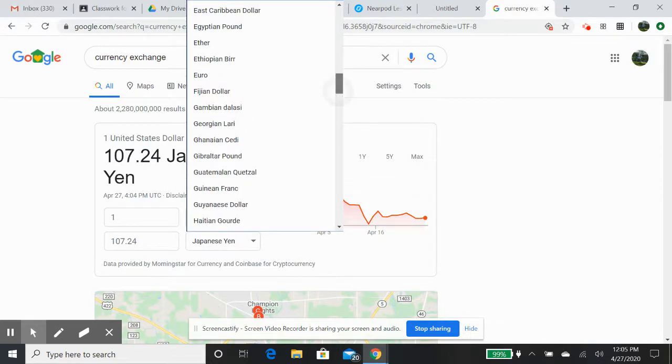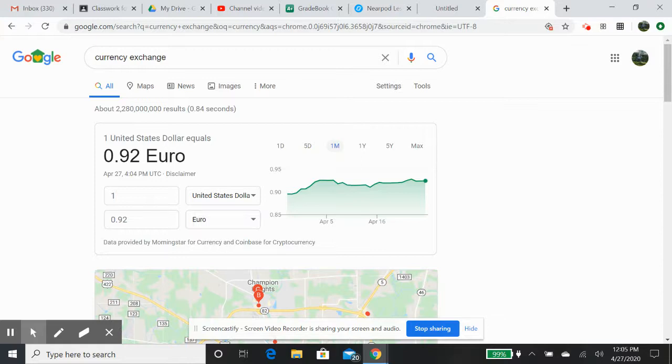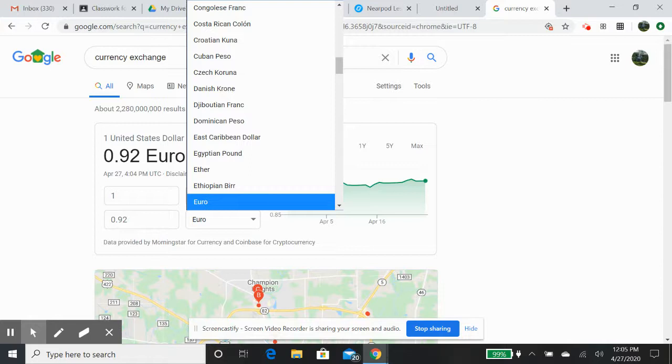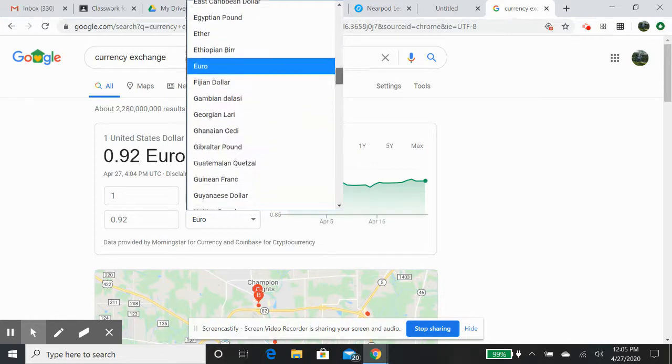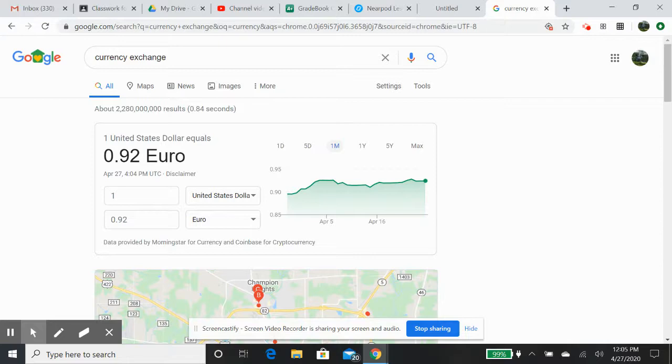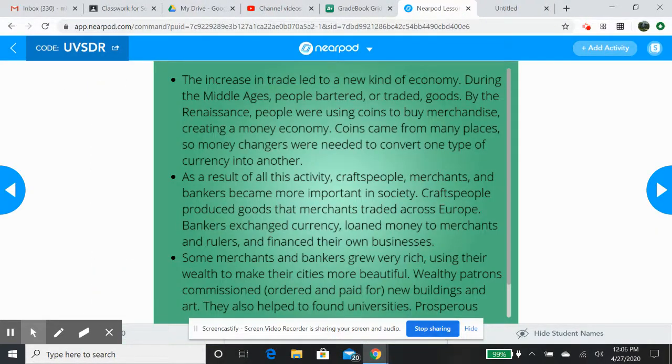If we go to the euro, we're close to being even, but the euro is still better. We've actually made some headway on that. So you can see though, imagine being this merchant or this traveler during this time, and now you have coins, and you've got to see what that coin possibly is worth compared to the coins that you want that are more desirable for you.